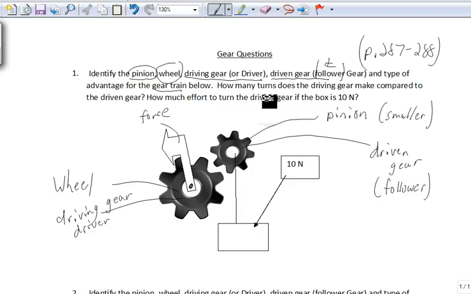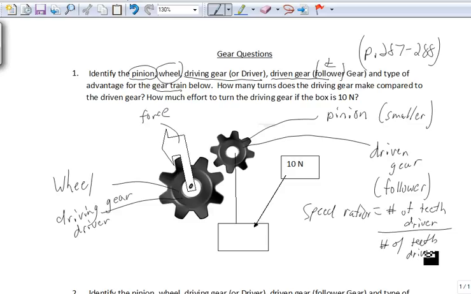Next, let's talk about turn ratios. So how many turns does this gear make compared to this gear? Well, we have something called the speed ratio in your book. And the speed ratio says that the number of teeth in the driver gear divided by the number of teeth in the driven or follower, the follower, will give us the speed ratio.